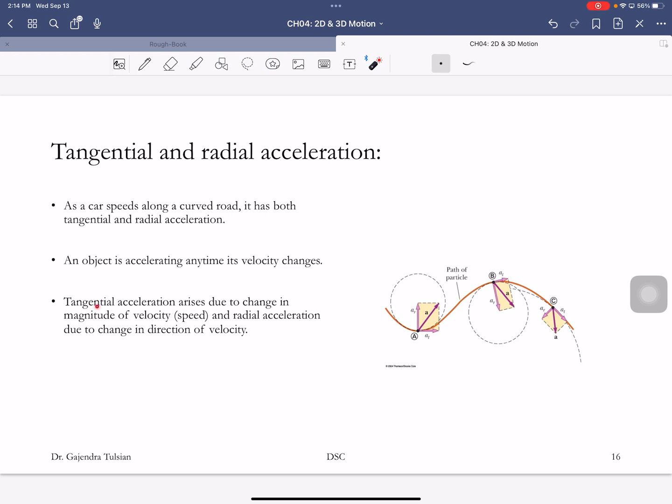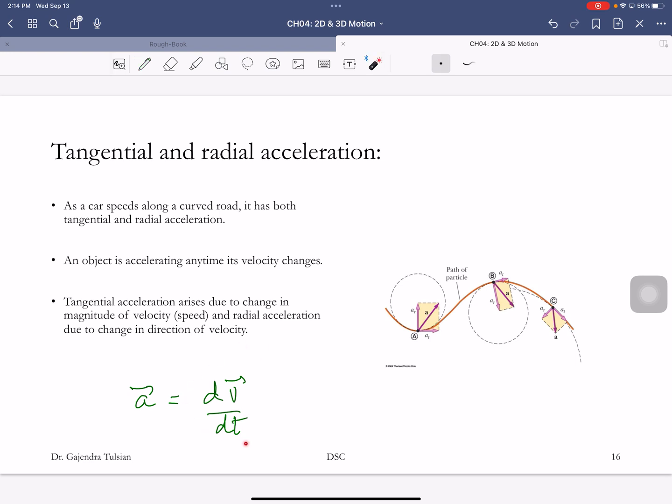So tangential acceleration arises due to change in magnitude of the velocity, change in speed, and radial acceleration due to the change in direction of the velocity. Again, when is it that you're accelerating? You're accelerating as long as your velocity is changing.